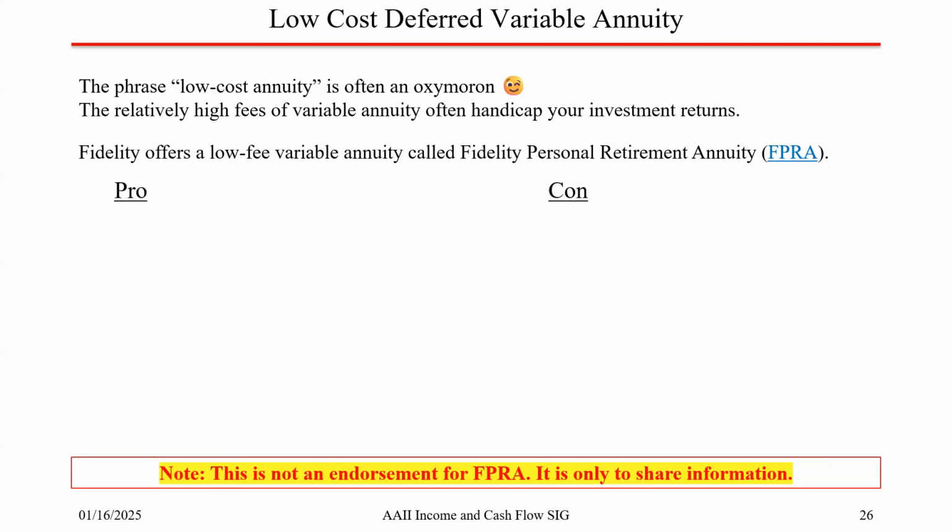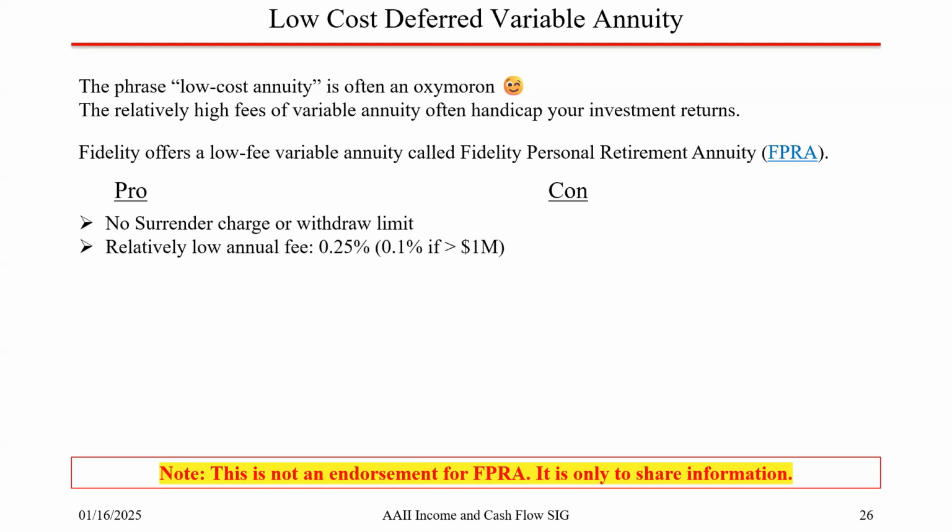This is the way I see it, and the reason I want to share is maybe people see something that I don't see. I would appreciate that. So, no surrender charge or withdrawal limit, and low annual fees, 0.25% if your contract value is below 1 million, and if you have a contract value above 1 million, that's 0.1%.